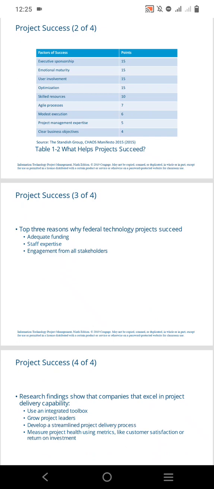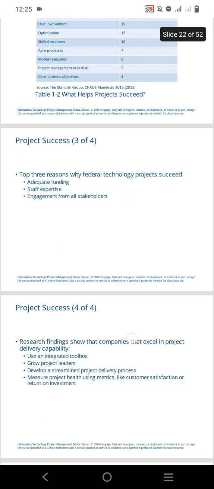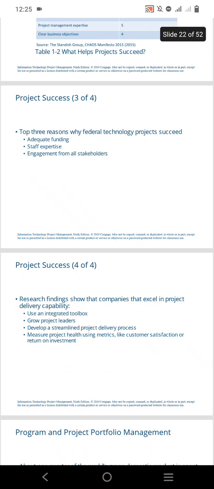You need to be competent in that knowledge area. So staff competence is another reason, and then engagement from all stakeholders. We define the stakeholders as the persons that are involved or affected by the activities of that project. When there's engagement from all the stakeholders, everyone is playing their role, it is another reason why federal technology projects succeed. So the top 3 reasons are adequate funding, staff expertise, and engagement from all stakeholders.